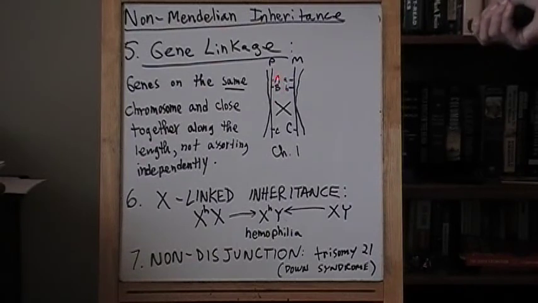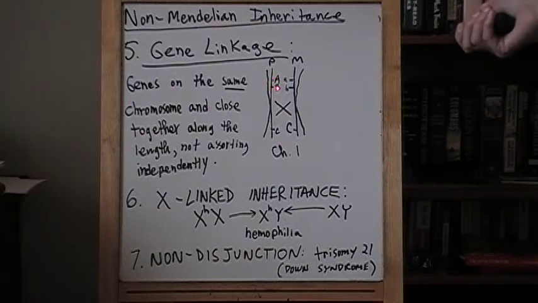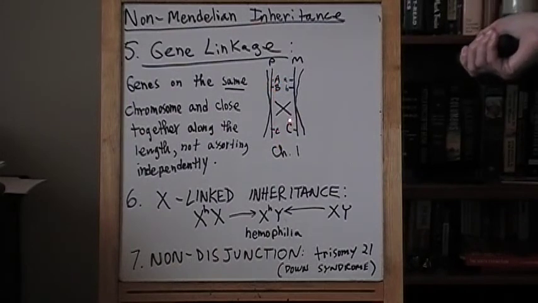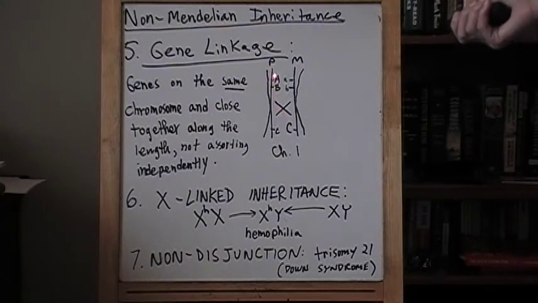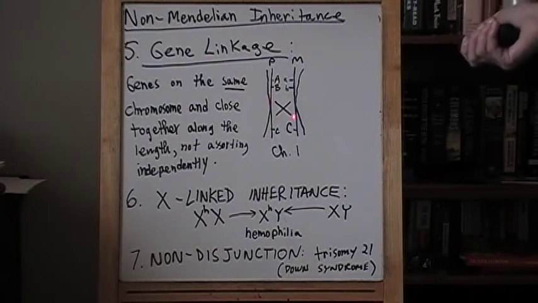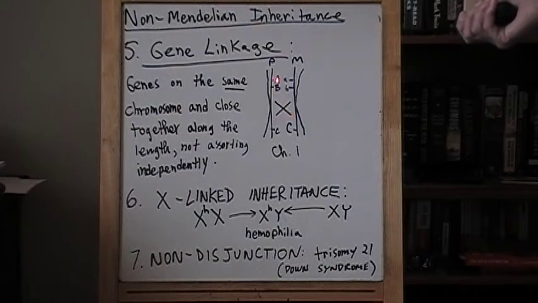Whereas genes that are far apart, like A and B are far apart from C, in that case there probably would be a crossover event between A, B, and C, but not a crossover between A and B because they're so close together on the same chromosome. In Mendel's case, he was looking at genes that were on different chromosomes.